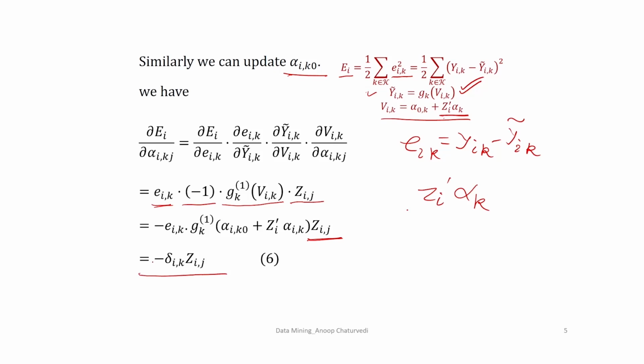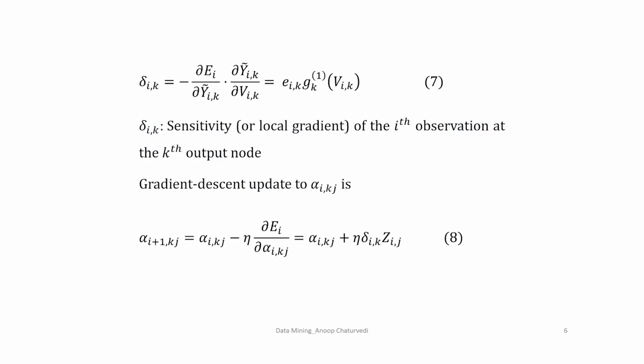So, ultimately we can write it as minus δ_ik z_ij, where δ_ik is equal to minus ∂/∂ỹ_ik of E_i into ∂/∂v_ik of ỹ_ik, and then this is equal to e_ik into g_k'(v_ik). δ_ik is actually the sensitivity or the local gradient of the ith observation at the kth output node.